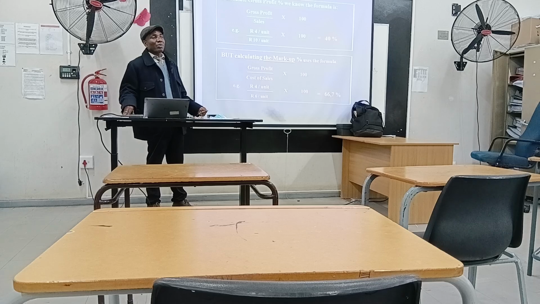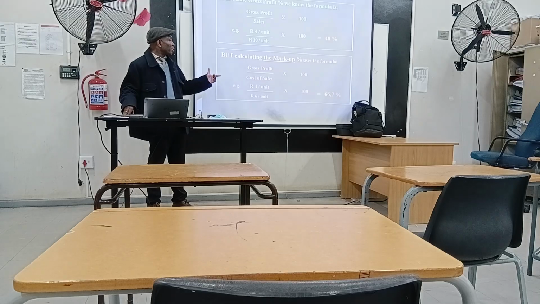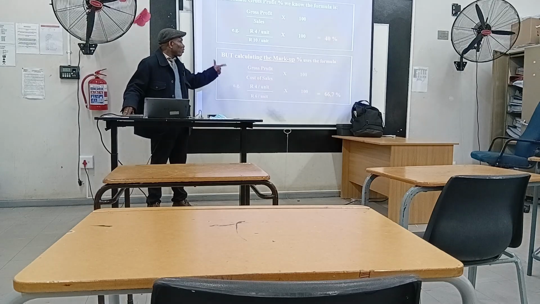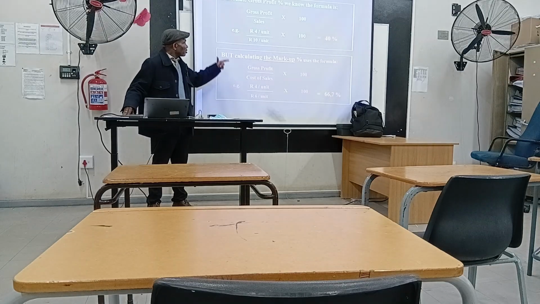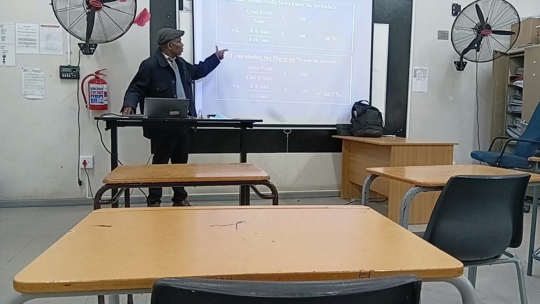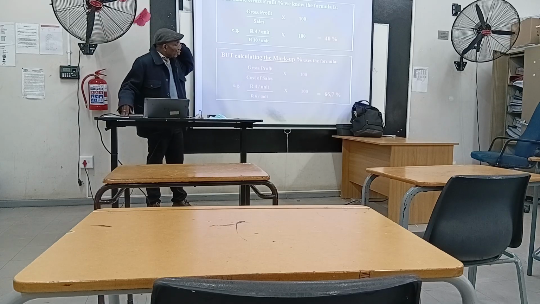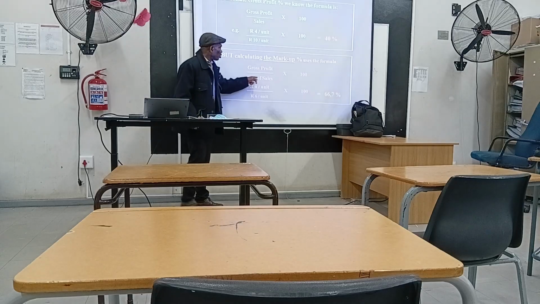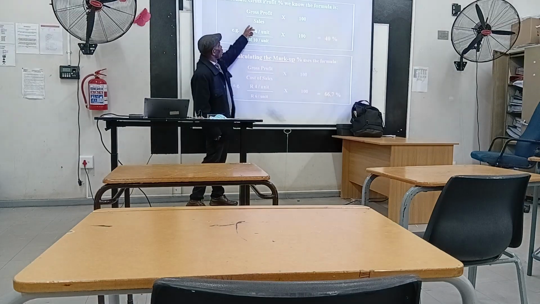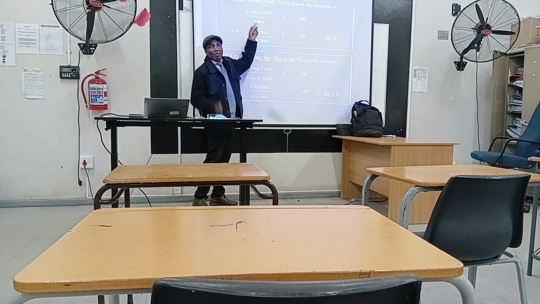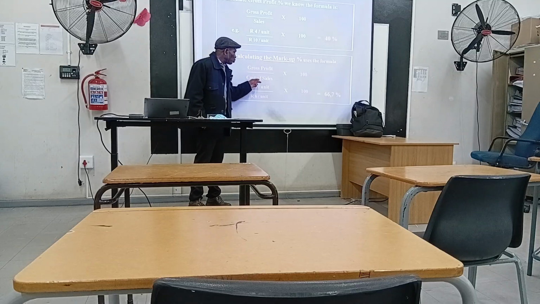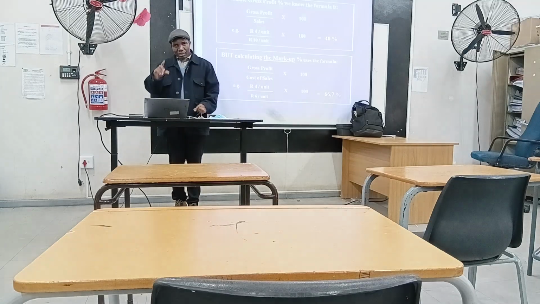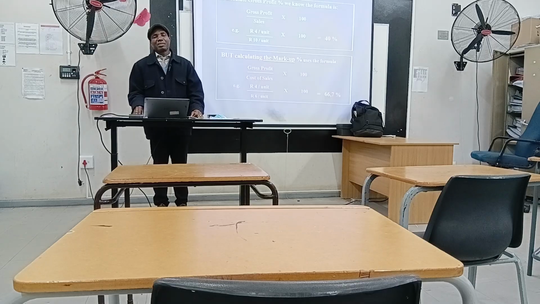Now, if you want to calculate the markup, instead of saying gross profit over the selling price, or over the sales, you use the cost of sales. Here we are using sales. For markup, you don't use sales, you use cost of sales. That is the little difference.